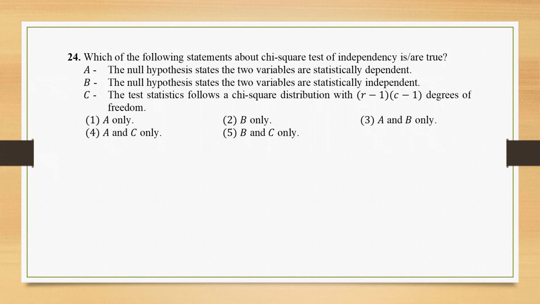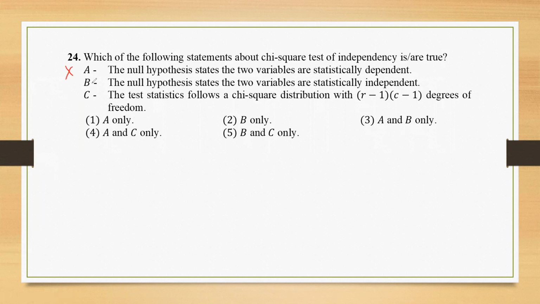Normally in the chi-square test of independence, in the null hypothesis we say there is no relationship between the variables of interest. No relationship means they are statistically independent, while statistically dependent means there is a relationship. So the null hypothesis does not say the two variables are statistically dependent.